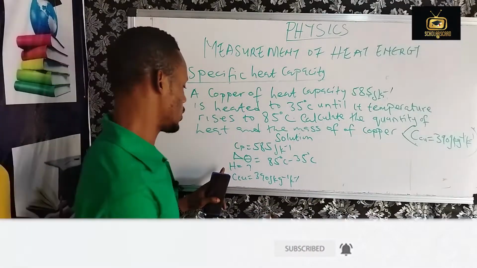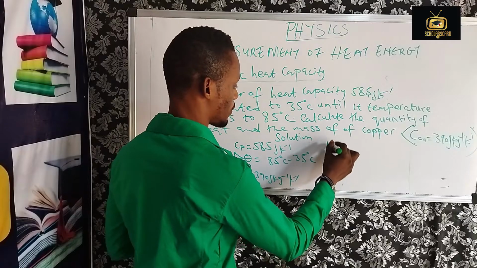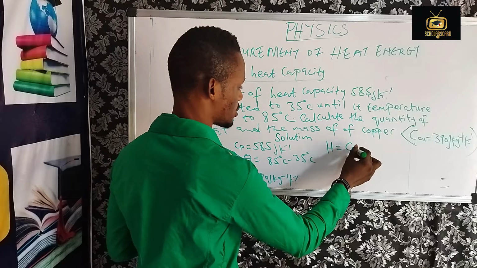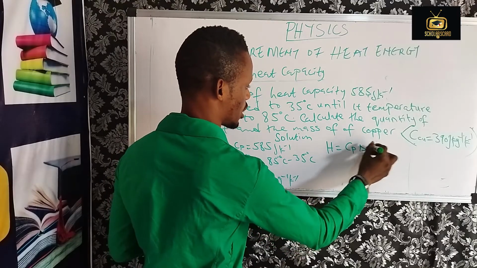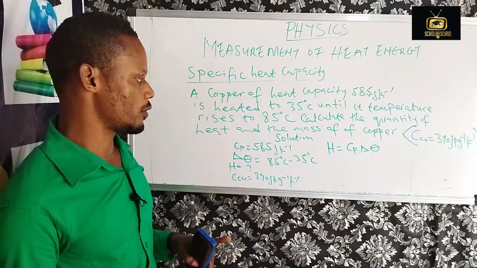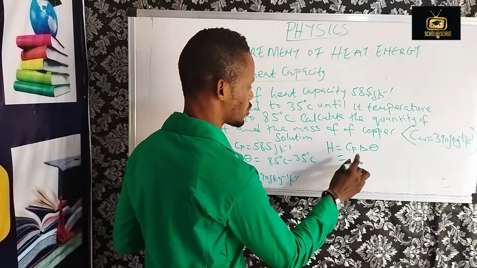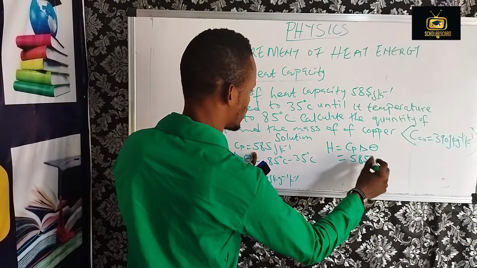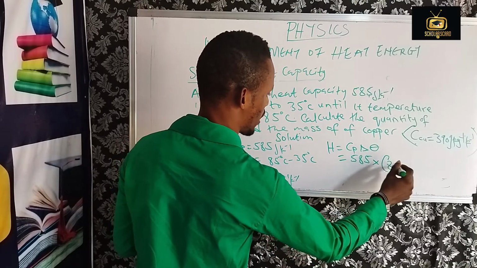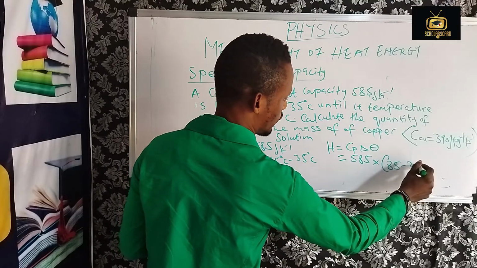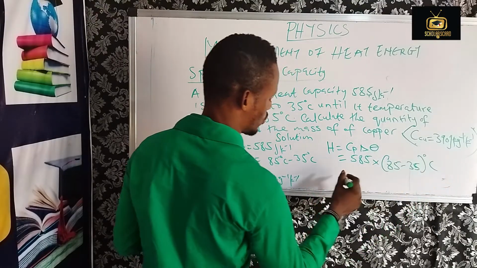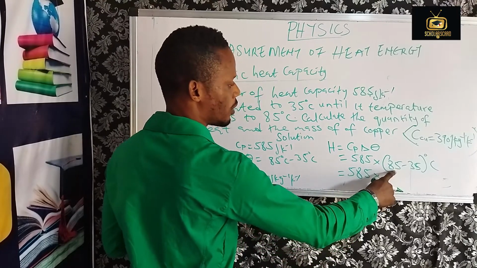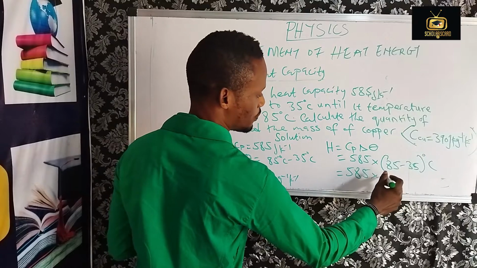Now let us first calculate this one. Look at the parameters here. Quantity of heat equals what? Heat capacity times change in temperature. You are given it, therefore quantity of heat equals the heat capacity, 585, multiplied by the change in temperature, 85 minus 35 degrees Celsius. Now 85 minus 35 gives you 50.